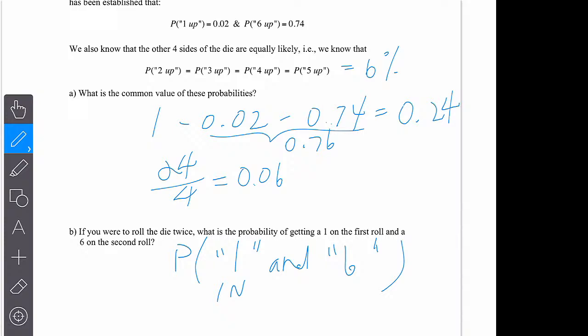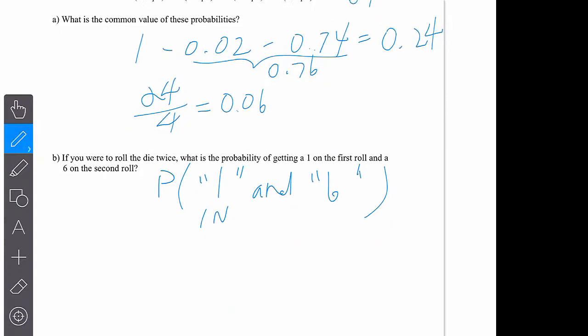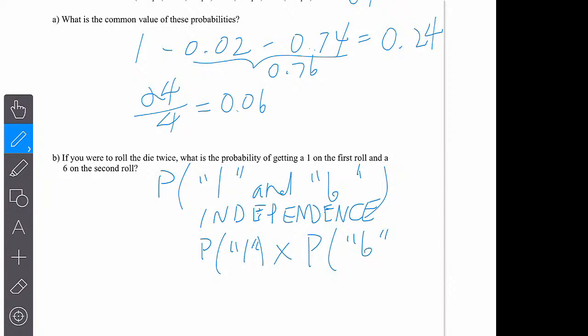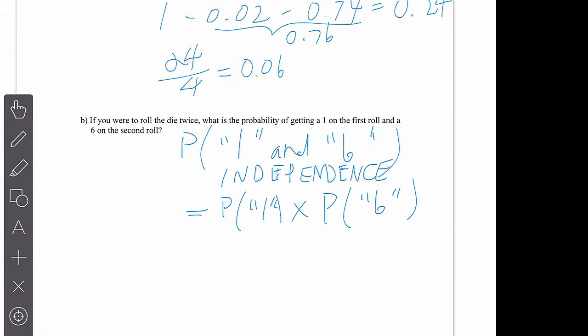Because of independence, all I have to do is multiply. Okay, so the probability of a 1 coming out is multiplied by the probability of a 6. If they weren't independent, you couldn't do it that easily.